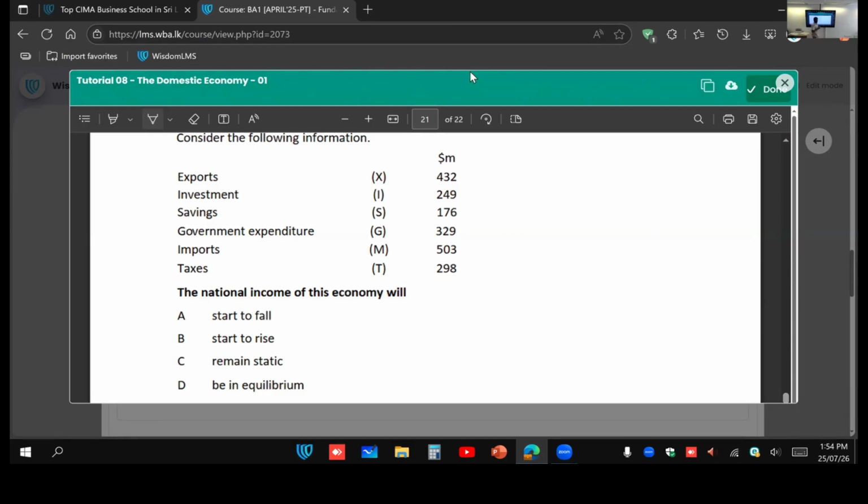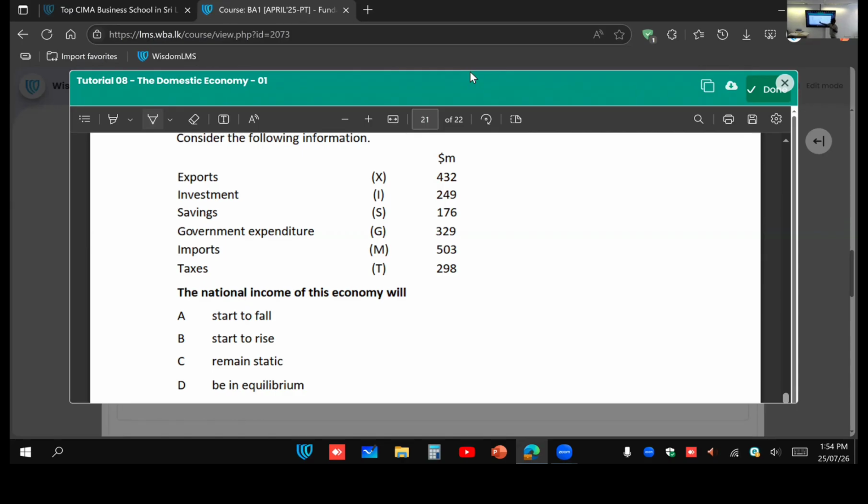So in a national economy, if that is to be in equilibrium, planned what should be equal to planned what? Do you remember something like that? So if I am to say the national economy is in equilibrium, what should happen? Planned injections should be equal to planned withdrawals if that is in equilibrium.